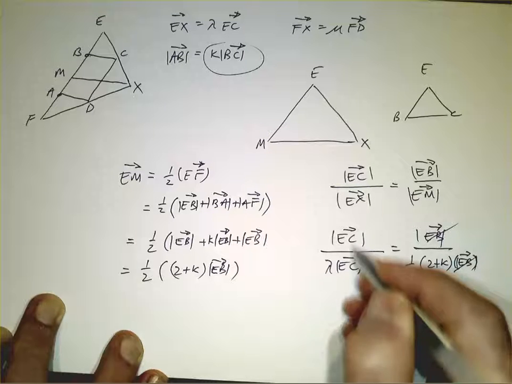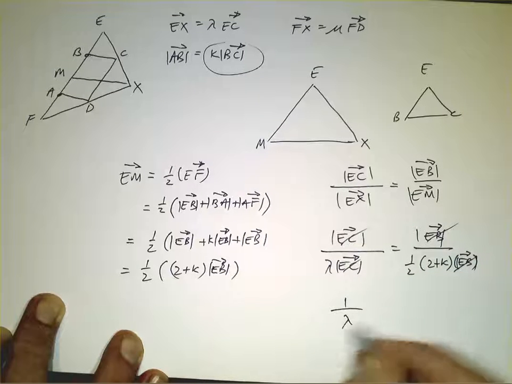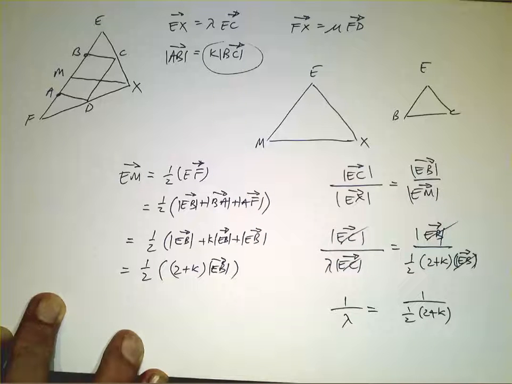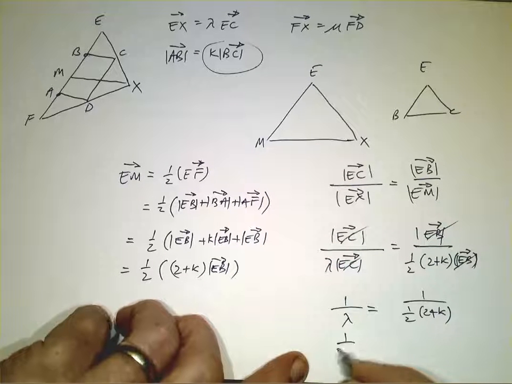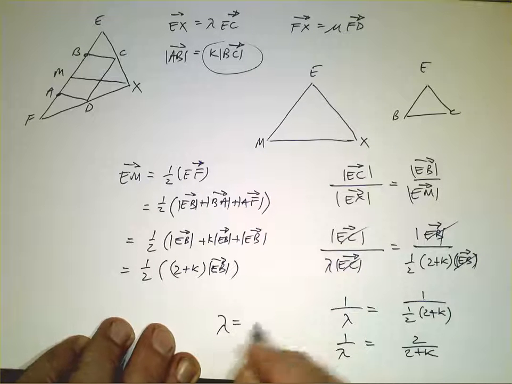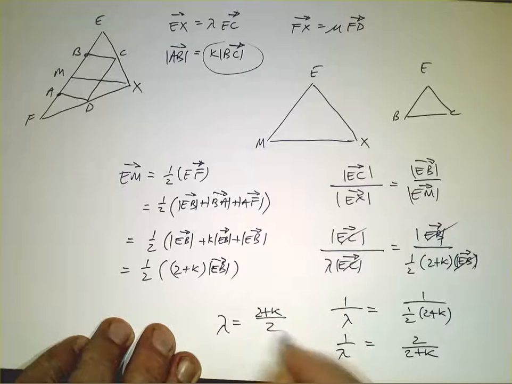That cancels with that, that cancels with that. 1 on lambda equals 1 on 1/2 (2 plus K), which is 1 on lambda equals 2 on 2 plus K, therefore lambda equals 2 plus K on 2.